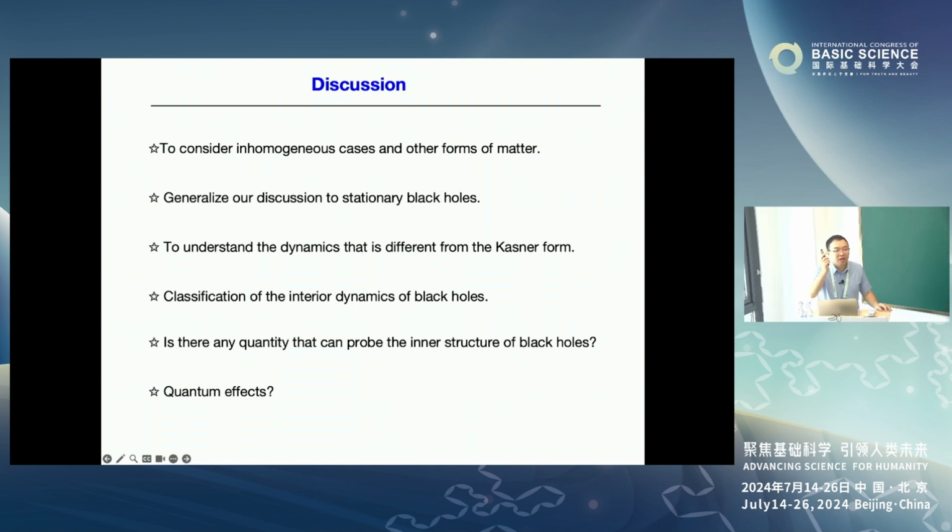And how to understand the dynamics that is different from the Kasner form? That's also a very interesting question. And can we classify the interior dynamics of black holes? We have made some progress, but there are very complicated behaviors beyond our work.